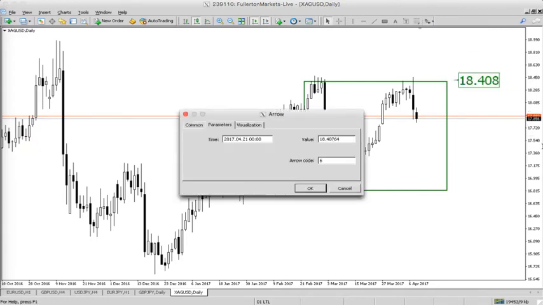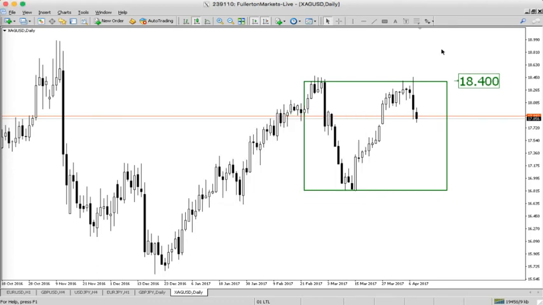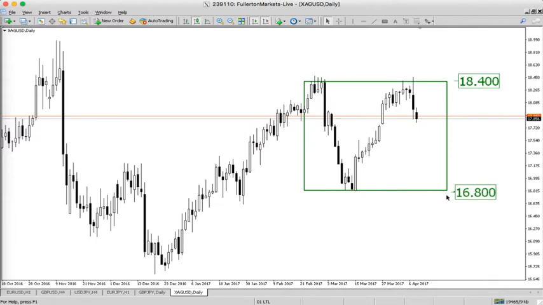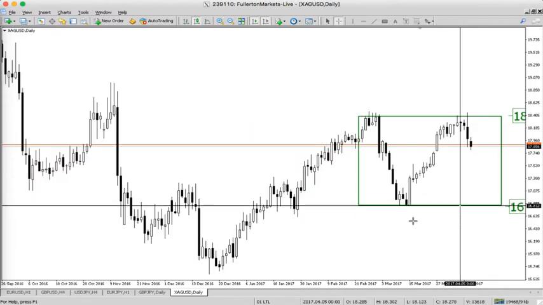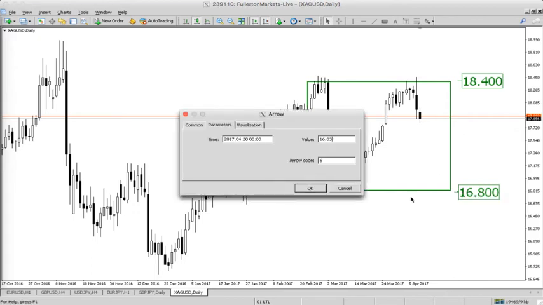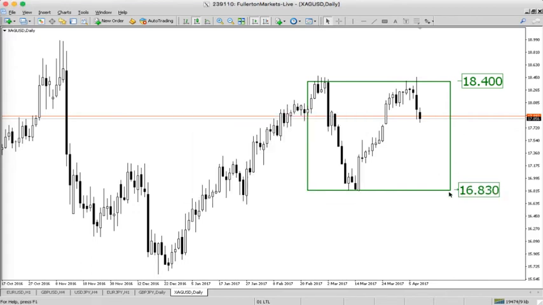Let me just mark the range, 18.40 over there, and maybe 16.80. $16.83, a few cents, which is fine.